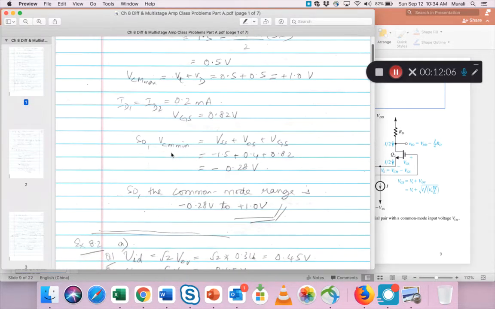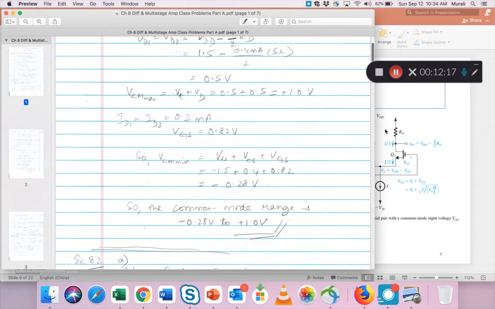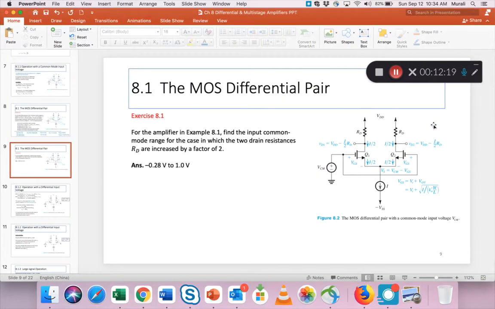So we see common mode minimum is minus 0.28. So the common mode range is minus 0.28 to 1 volt. Okay, so that was exercise 8.1.